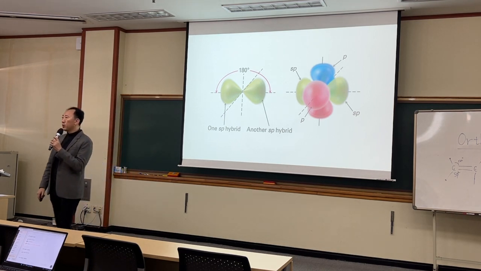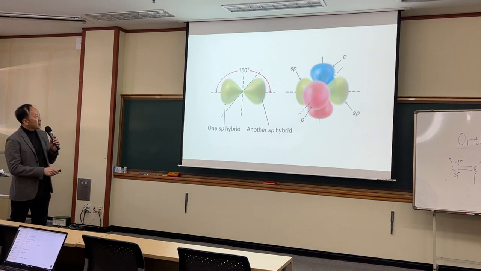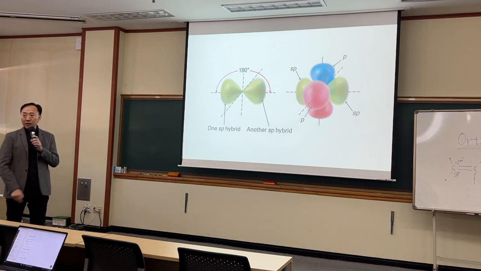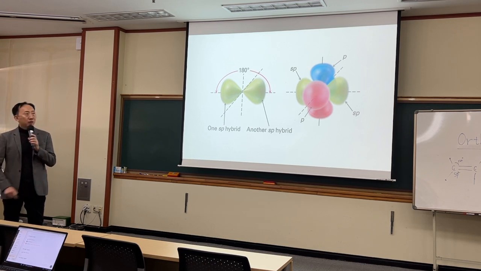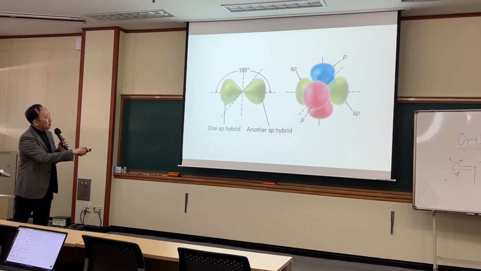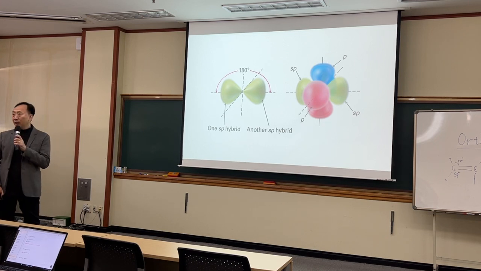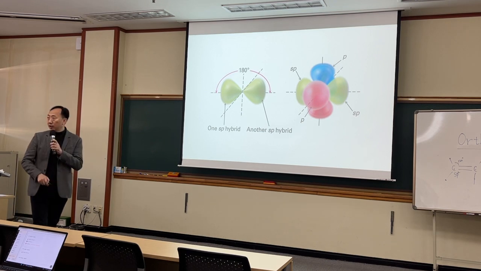Makes sense? So this is an sp orbital, and this can make a sigma bond, and then there are unparticipated pi electrons. pz and py are still there as pi electrons. They keep perpendicular y component and z component there.